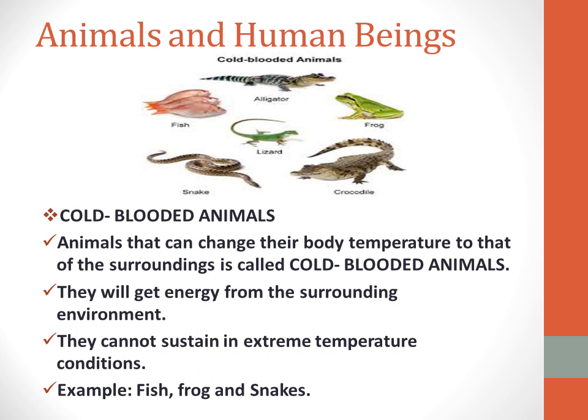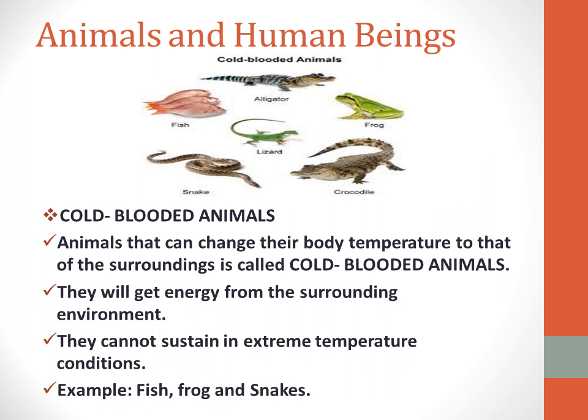For example, they cannot live in a place where it's very cold or very hot. So these types of animals are called cold-blooded animals.